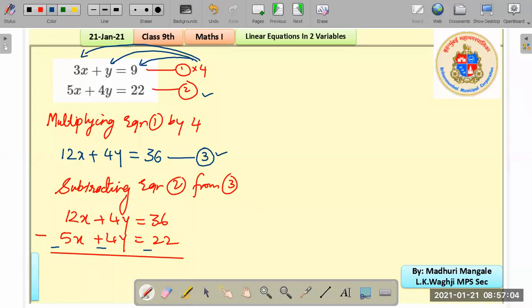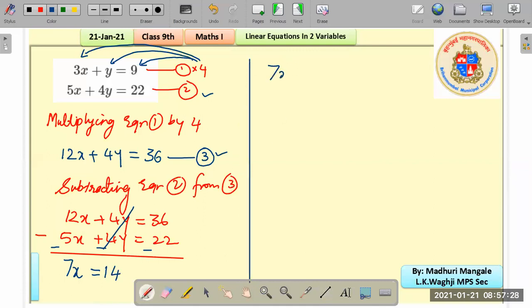So plus 4y and minus 4y gets crossed out. We are left with 12 minus 5, that will be 7x, which is equal to 36 minus 22. That will be 14, isn't it?